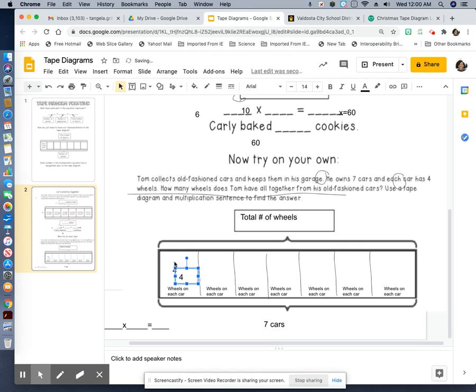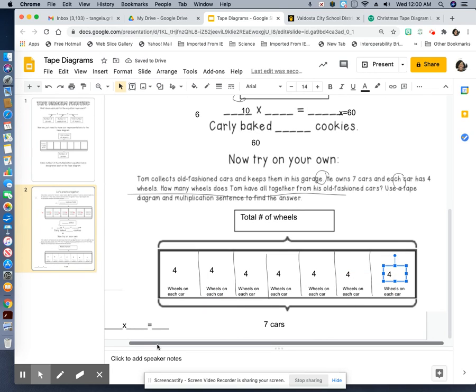Control C, Control V. Yeah, there we go. Okay, 4, 4, 4 here, 4 over here on the tape diagram, 4 over here, and 4 over here.